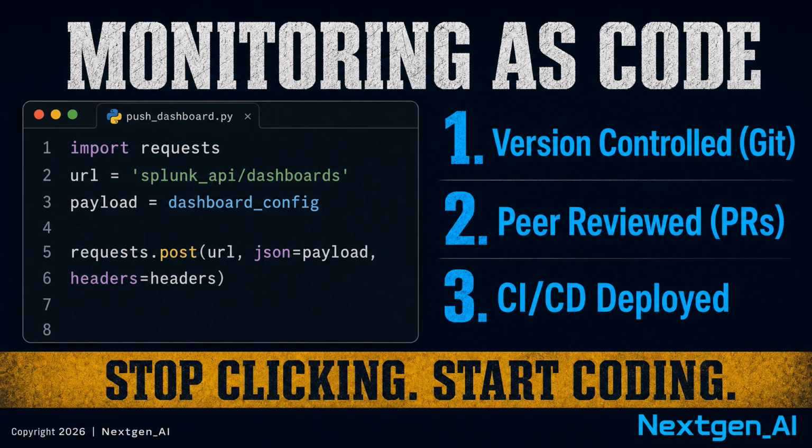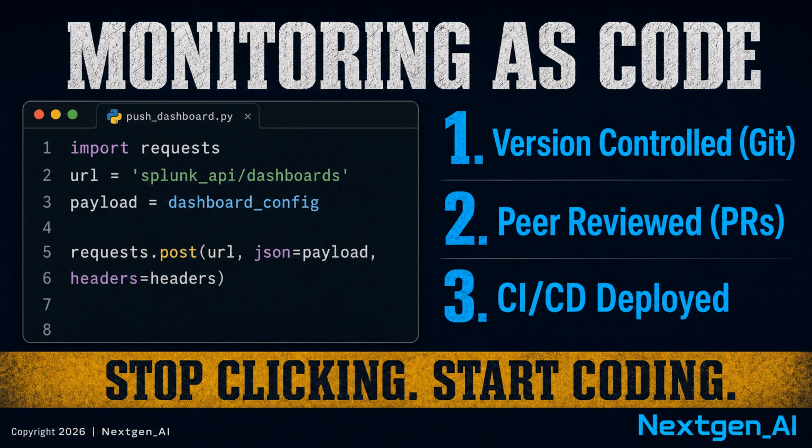To truly support advanced AI-driven operations at scale, our monitoring configurations must be as robust, auditable, and manageable as our application code itself. This brings us to the critical practice of monitoring as code. Instead of the traditional error-prone approach of manual UI clicks to define alerts, dashboards, or SLO policies, we codify our entire observability stack as version-controlled artifacts.